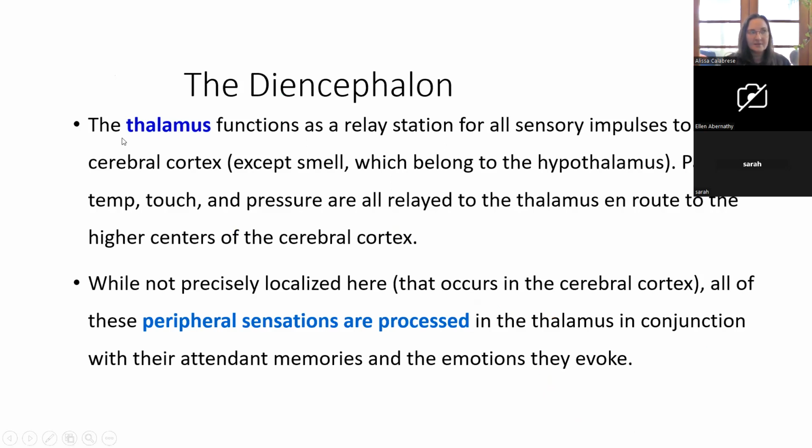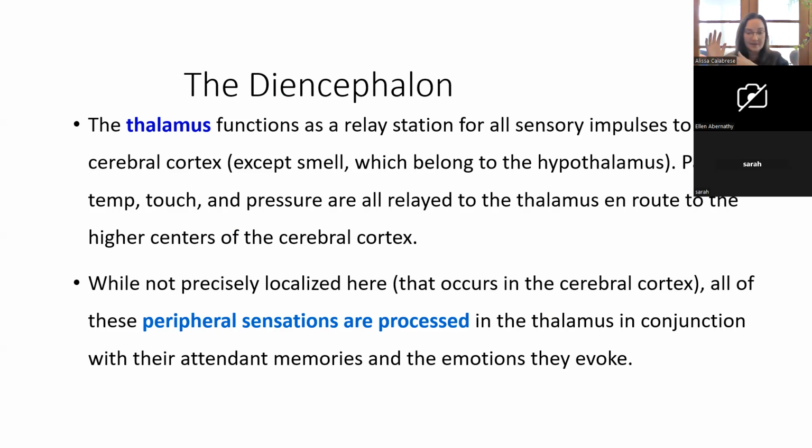The thalamus you can think of as being sort of a router or a relay area of the brain. So the thalamus's job is to pick up sensory impulses that are coming through those sensory or afferent pathways toward the brain. The thalamus receives those messages and then sends them to the parts of the cerebral cortex where they're supposed to go, right?